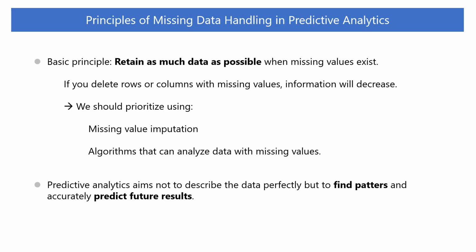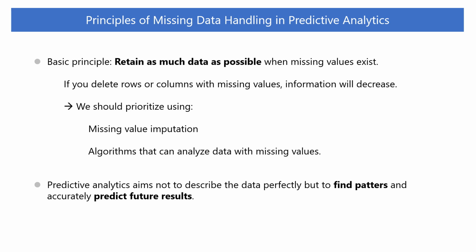As a basic principle, it is important to retain as much data as possible when missing values exist. If you delete rows and columns because there are missing values, the number of samples and features will decrease, and the information necessary for training the prediction model may be insufficient.